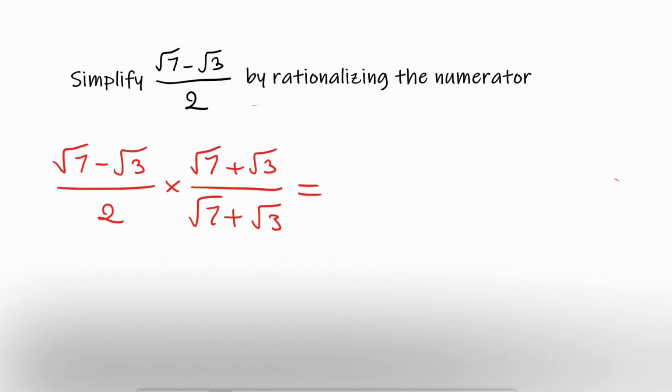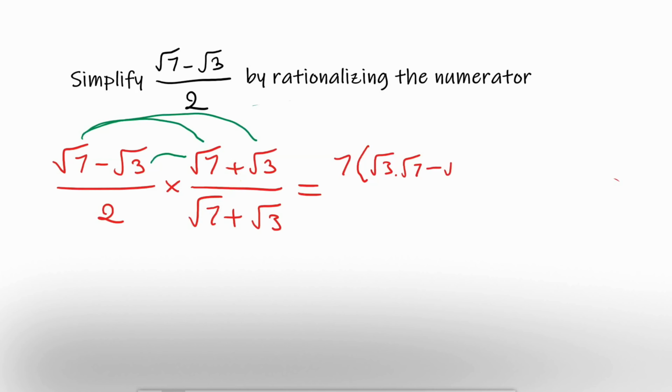And if we multiply these, root 7 times root 7, we're going to end up with 7. Root 7 times root 3, because these are going to cancel out, I'm going to put a bracket. So root 3 times root 7. And then we'll start by multiplying negative root 3 by root 7.